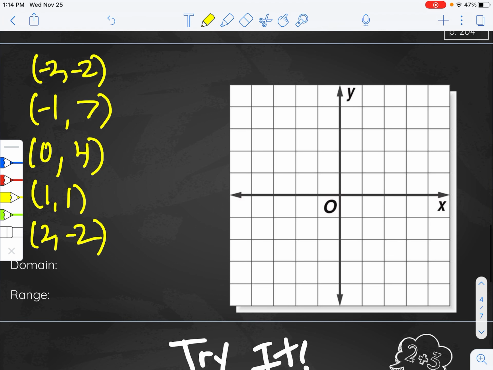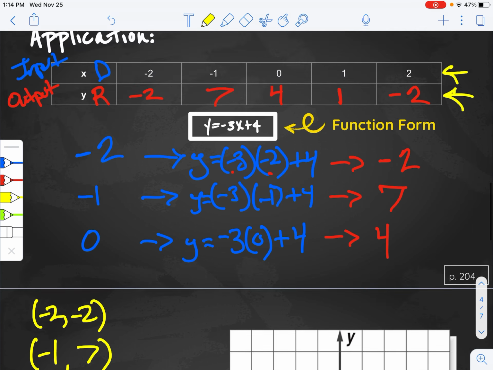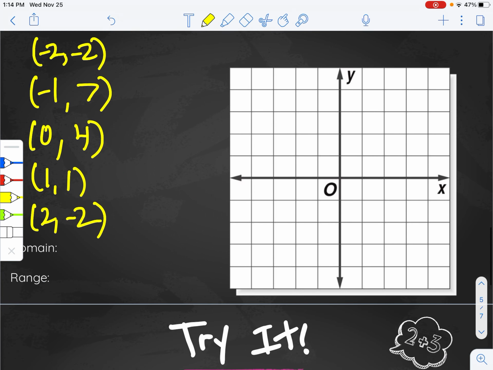So if we have this table, we write them as ordered pairs. And now if we were asked to graph or put on a graph these points, this input and these outputs, we could do that pretty quickly.